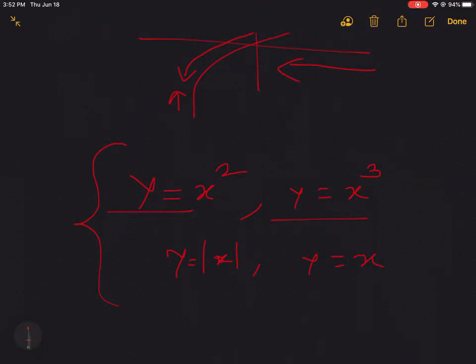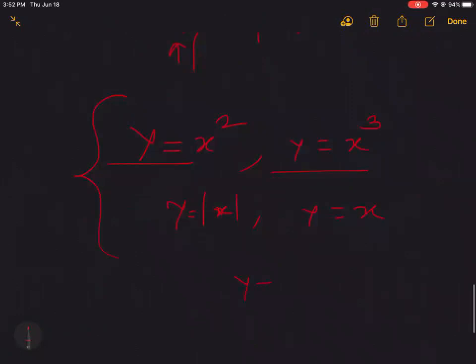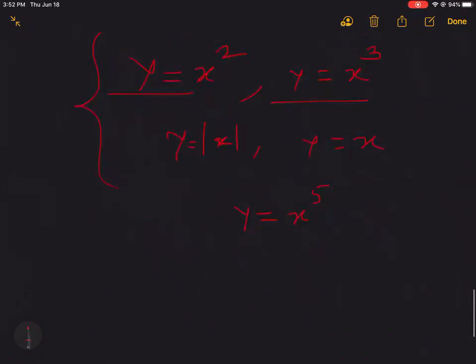Let's just say that you can't remember how the graph y equals x to the 5 looks. Now again, your concept comes in handy. You know that this is an odd power, right?